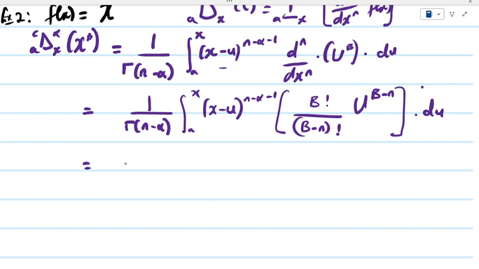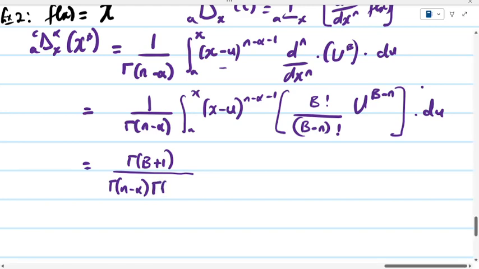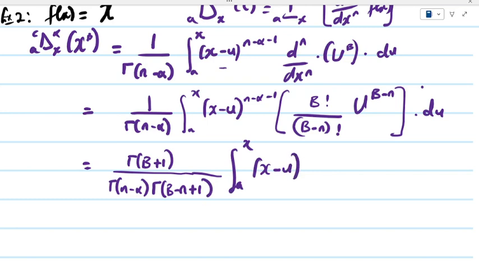And for b factorial I am going to have gamma b plus 1, over gamma b minus n plus 1 likewise. Then we have our integral a to x of x minus u to the power n minus alpha minus 1 du.